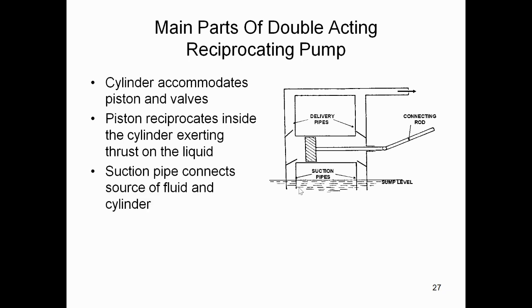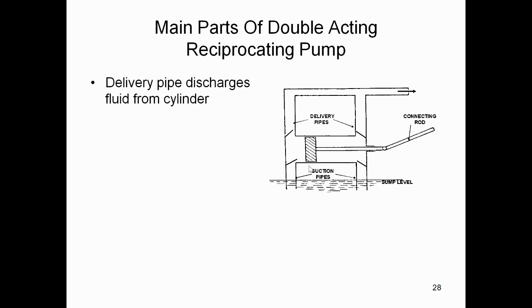The suction pipe connects the source of fluid, the sump, to the cylinder. Next, the delivery pipe discharges fluid from the cylinder.